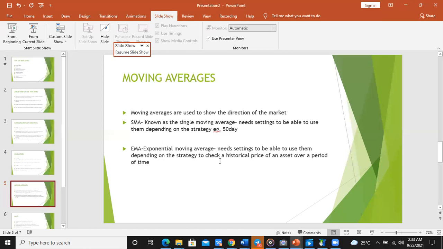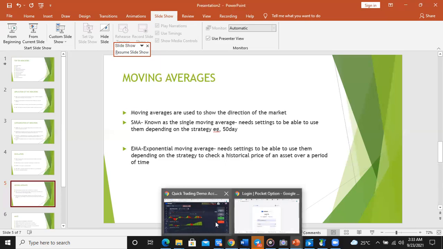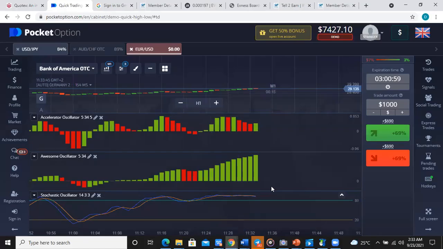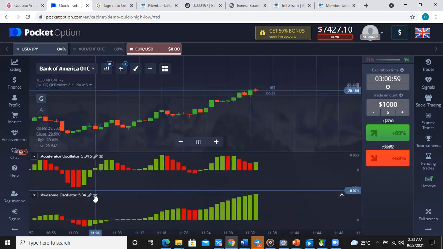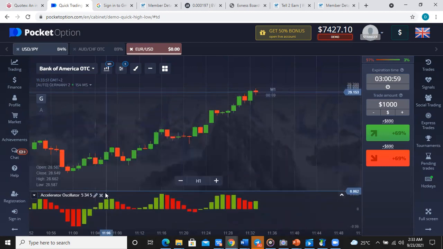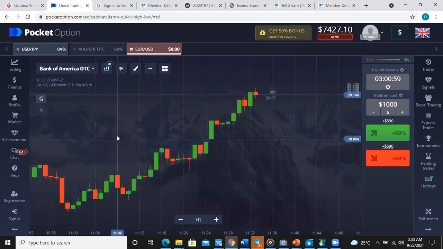All right, so just as I did for the oscillators, let me quickly go there and show you what the moving averages are also. So I'm going to delete these three that I activated.